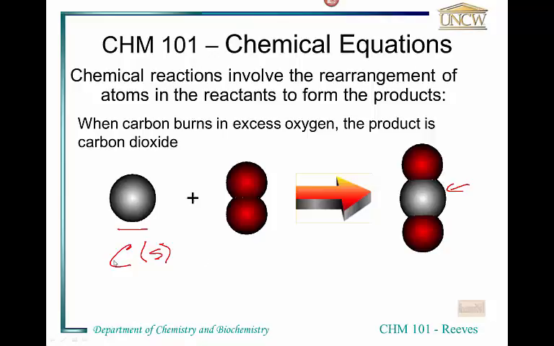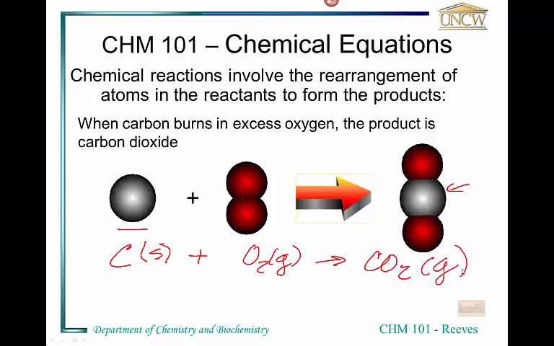So we take solid carbon and we react it with oxygen in the atmosphere, which is O2, and of course it's a gas. Remember, oxygen and nitrogen, the two dominant gases in the atmosphere, are both diatomic in their elemental form. And the product of this is the molecule carbon dioxide, CO2. Now this is important.